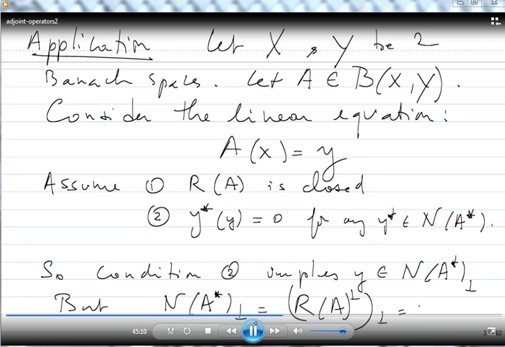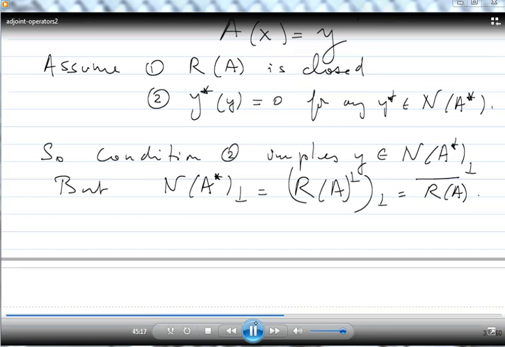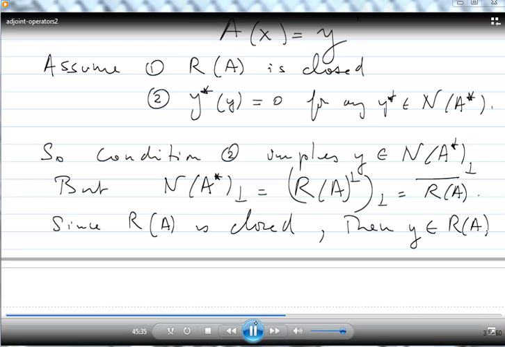which is the closure of the range of A. So our Y belongs to the closure of R of A, but we assumed in one that R of A is closed, therefore Y belongs to R of A. And this gives us what?